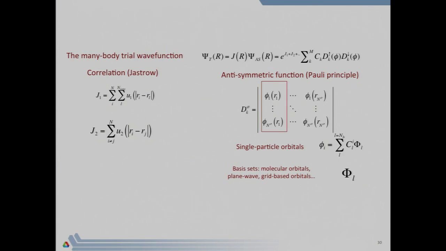In more practical ways, to try to find our trial wave function that we've been talking about so much, we usually need to start from something that we know, and that something that we know is the antisymmetric function that comes from the Pauli principle. This antisymmetric function basically comes from another type of calculation.